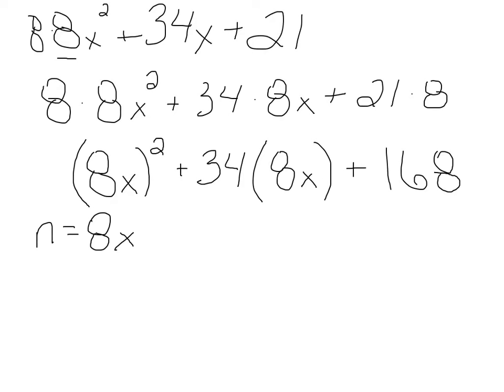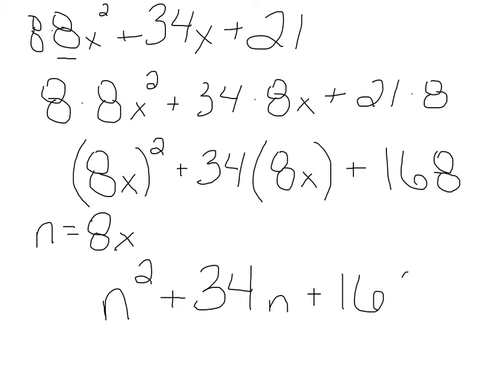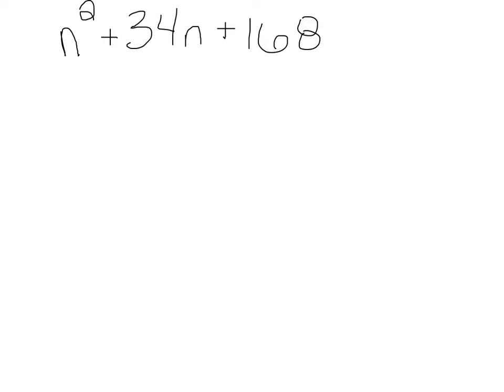By rewriting the trinomial in terms of n now, we will have n squared plus 34n plus 168. To continue, now we can factor this trinomial like we do other trinomials with the leading coefficient of 1.